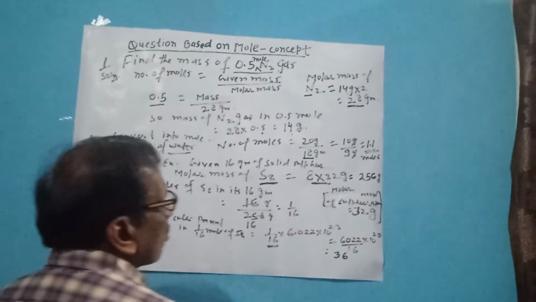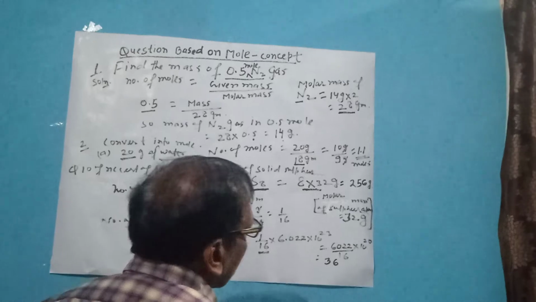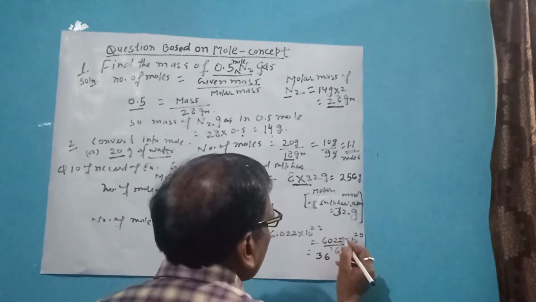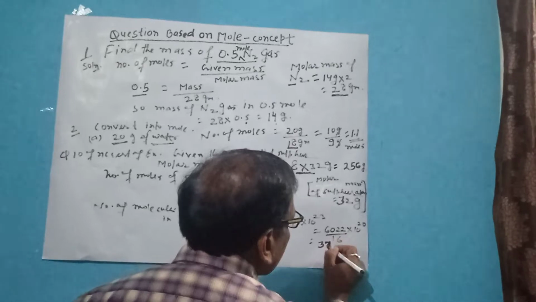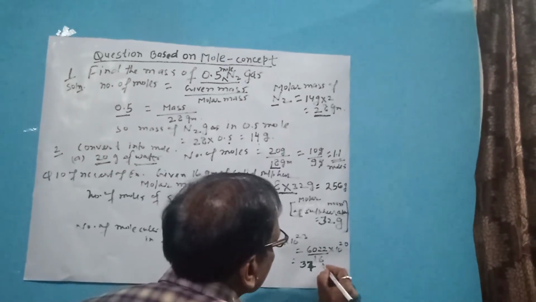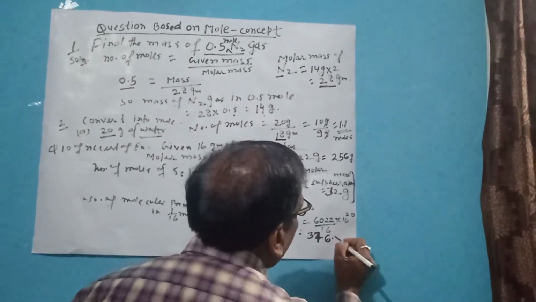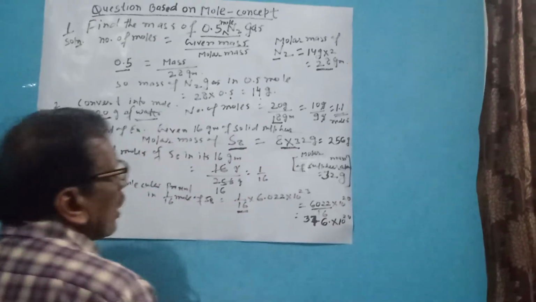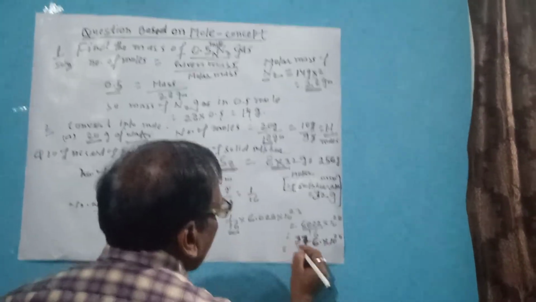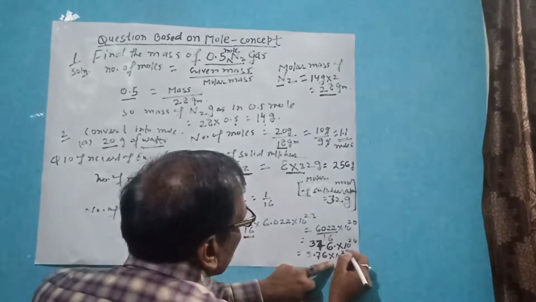So we write here 10 to the power 20. Now we divide by 16 and obtain the quotient, and to remove the decimal and put it in scientific notation, we can write 3.76 into 10 to the power 22.